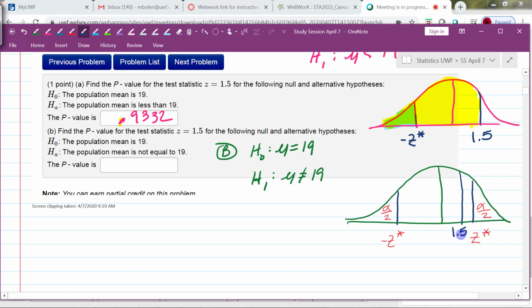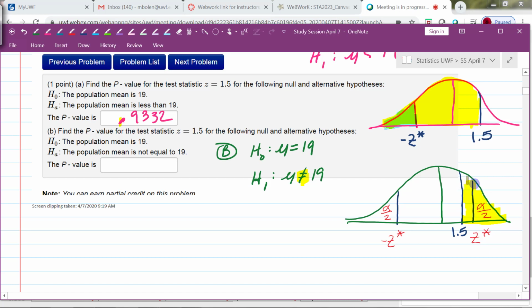We're going to put 1.5 right here. Now, this is very important: when you have a not equal sign, find your test statistic. You're going to highlight the area from your test statistic to the closest infinity.